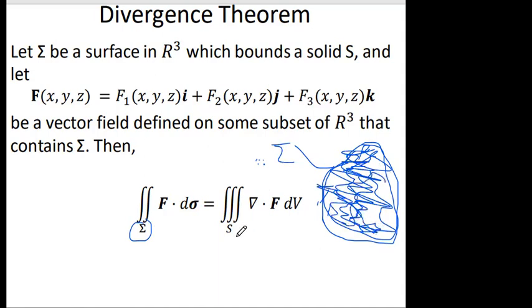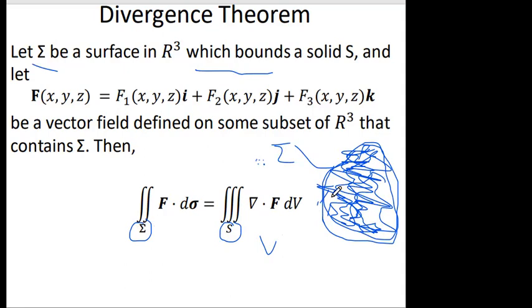All right. S is the solid, and the volume of this solid is, let's say, V. This is the surface boundary of the solid, which bounds solid S. Sigma is the boundary of the solid.